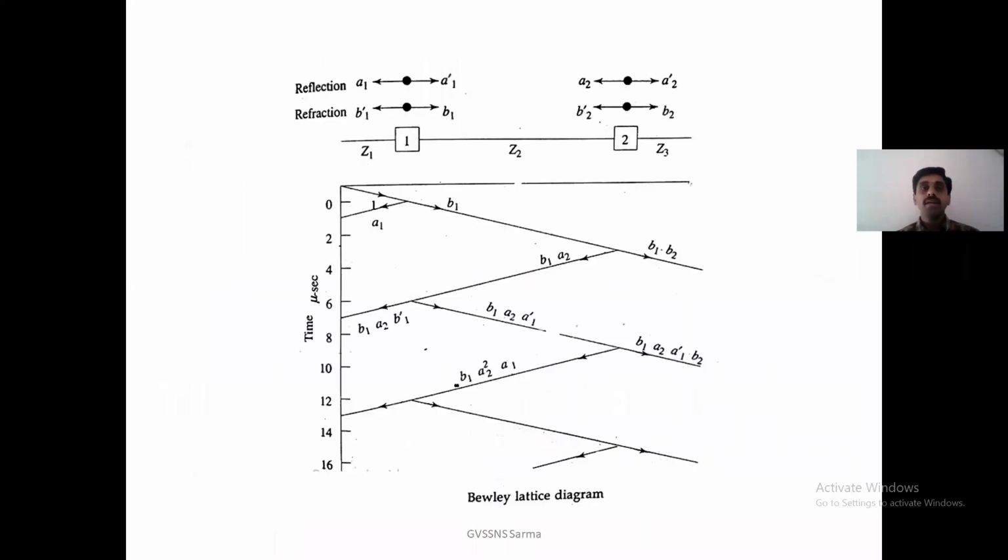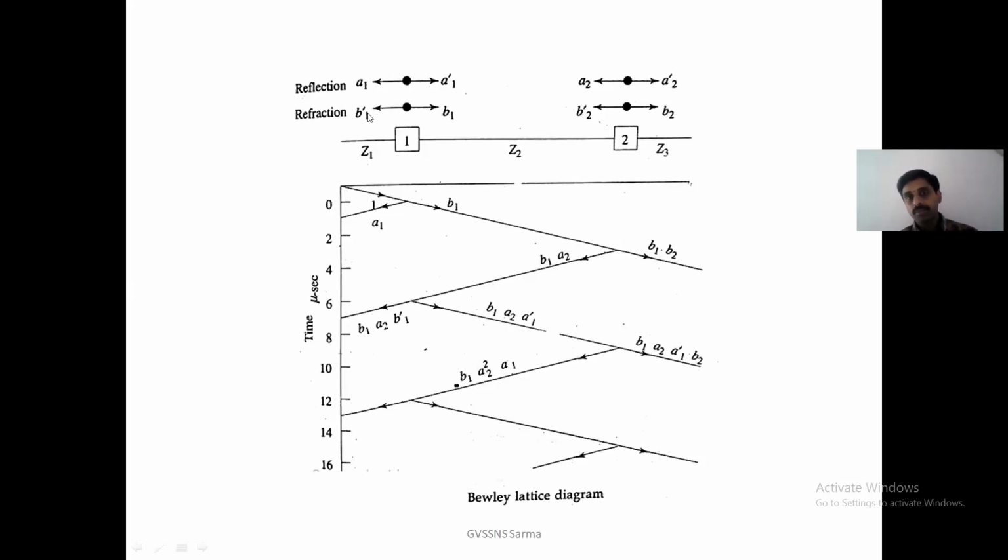Now reflection and refraction, we'll see. If you observe this diagram, here we are showing reflection at this junction, A1, A1 dash. When the wave is traveling from left to right, A1 is the reflection coefficient. When a wave is traveling from right to left, A1 dash is the reflection coefficient. So this is the direction you can observe.